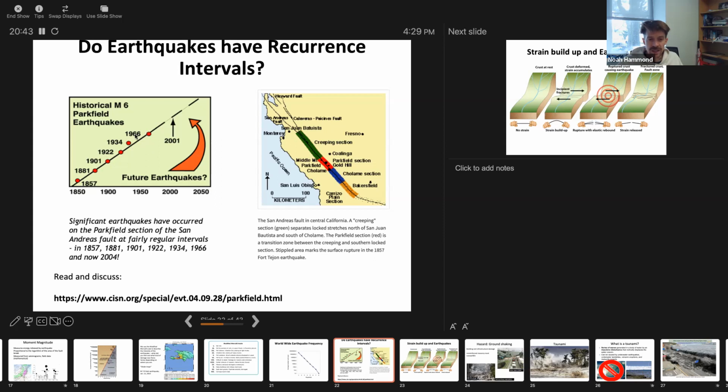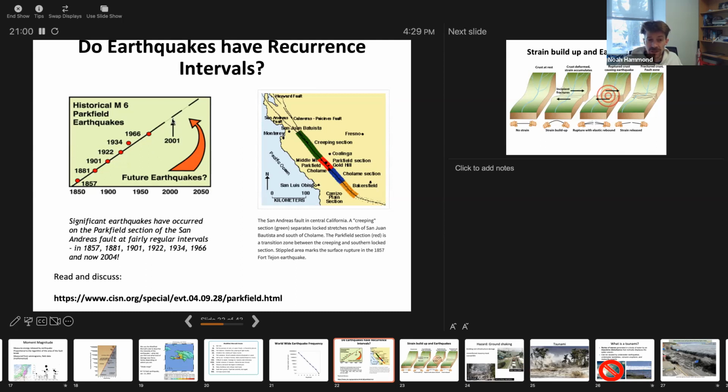For a while, the San Andreas Fault was keeping up that pattern of creating these magnitude 6 earthquakes every 20 to 30 years. But then all of a sudden, after 1966, we haven't really had a big one.